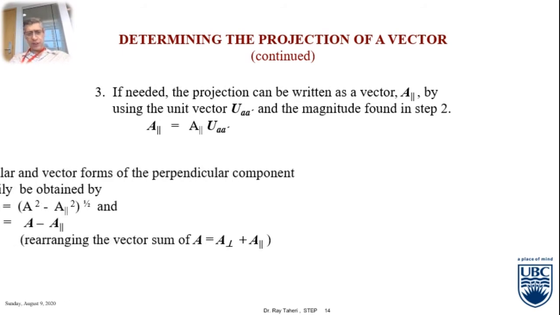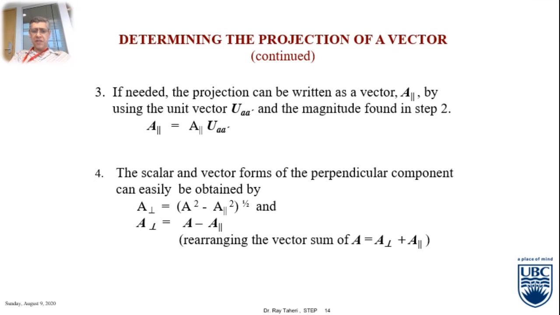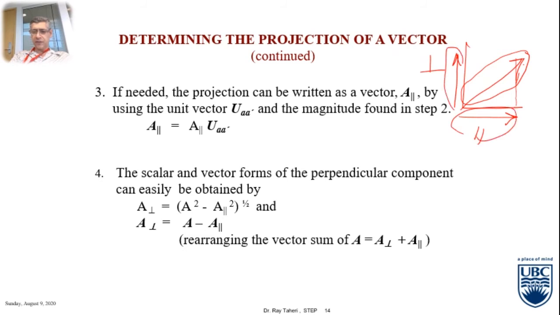So we have two projections. One is obviously the parallel projection, and one is the perpendicular projection. This is the parallel projection, and this one is the perpendicular projection. The magnitude of this vector is the square root of the square of this plus the square of this.